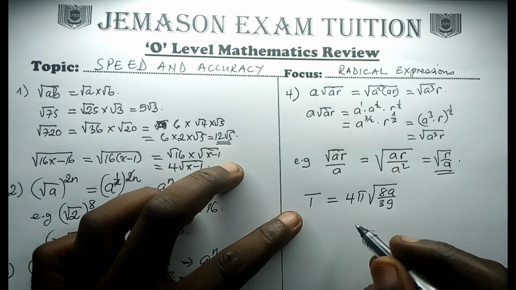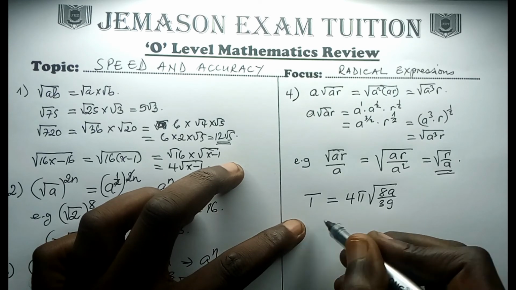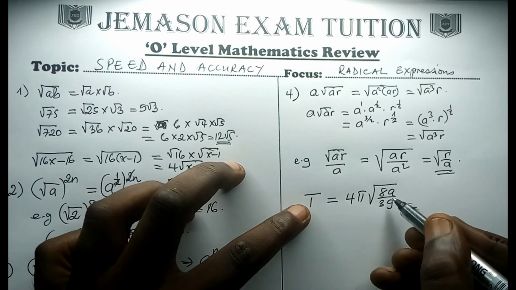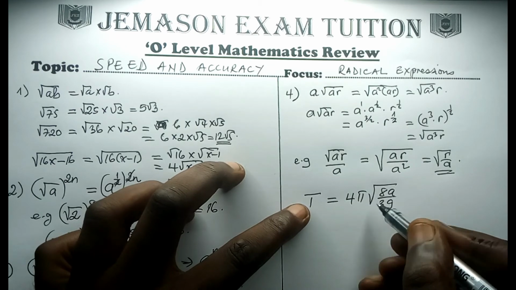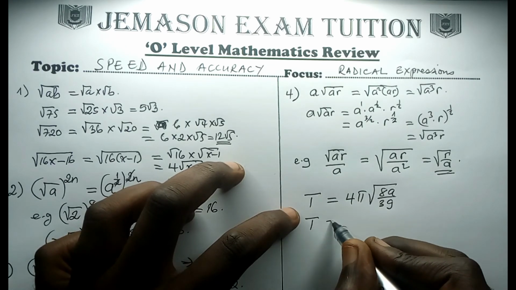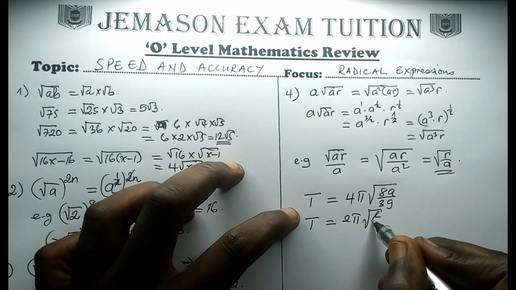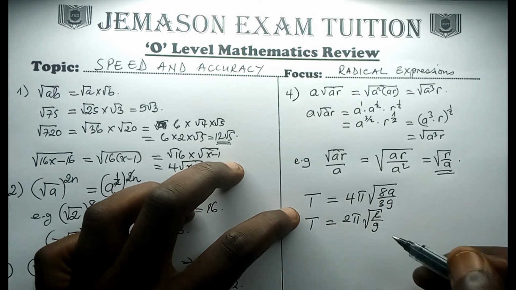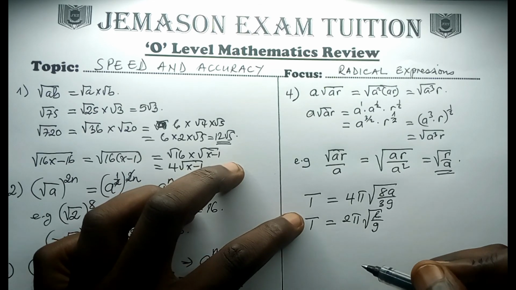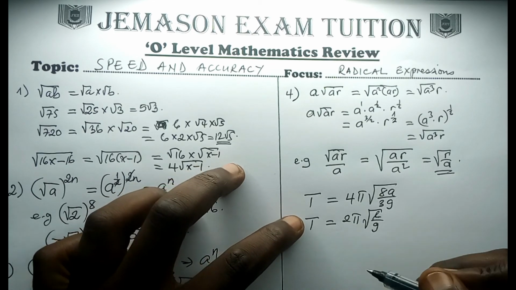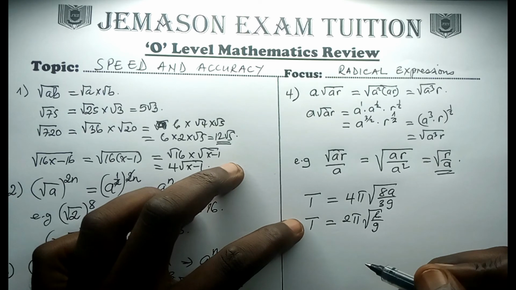The tendency is usually for you to compare this period of the compound pendulum with that of the simple pendulum, which is 2 pi the root of L on g, where L is the length of the simple pendulum and g is the acceleration due to gravity.